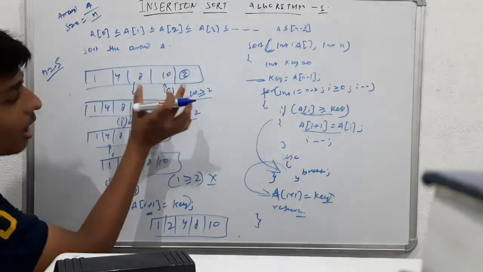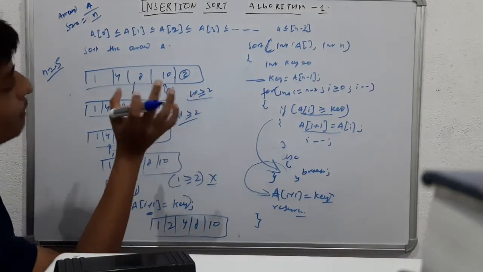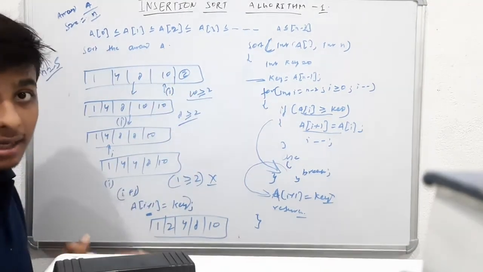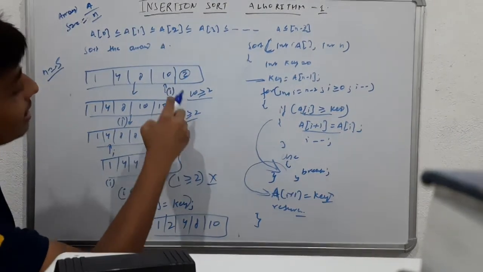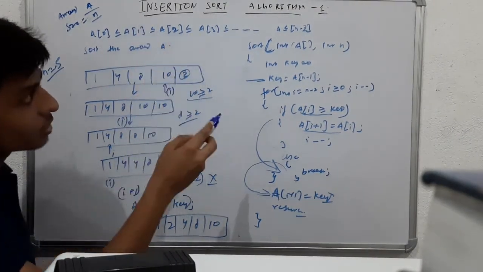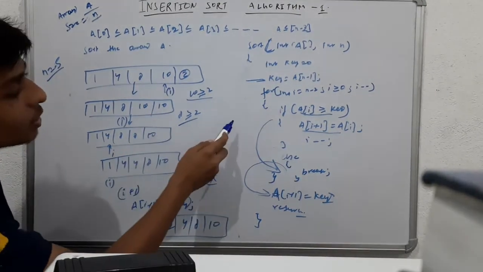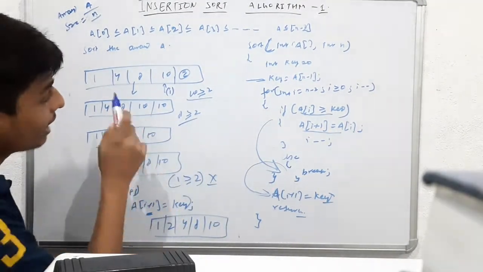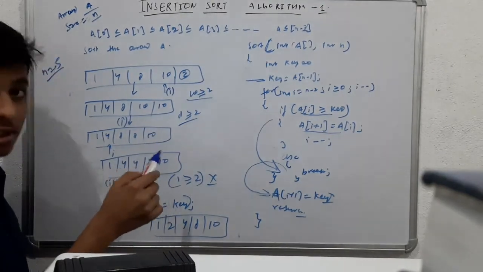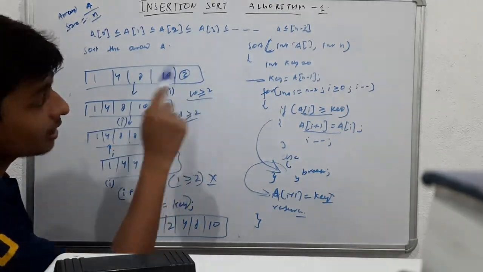So this is the basic idea of the insertion sort algorithm, and we'll see what the actual insertion sort algorithm is in the next video, which is part 2. I hope you have understood this problem, and make sure that you have understood this problem properly, because we are going to use this problem in a recursive manner, right?